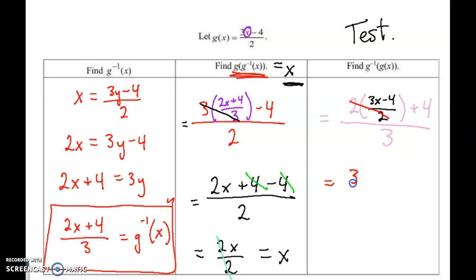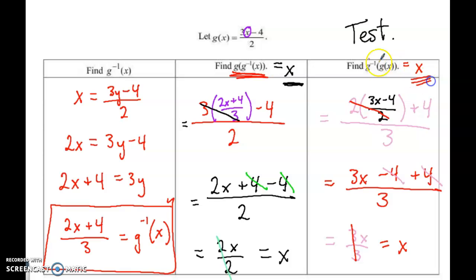So you're left with 3x minus 4 plus 4 all over 3. I think you already see where I'm going with this. Those cancel. So you're left with 3x over 3. And then the 3's cancel, and you're just left with x. So are g and g inverse inverses of each other? Yes, as long as the composition function cancels everything else out, and you're left with just x.